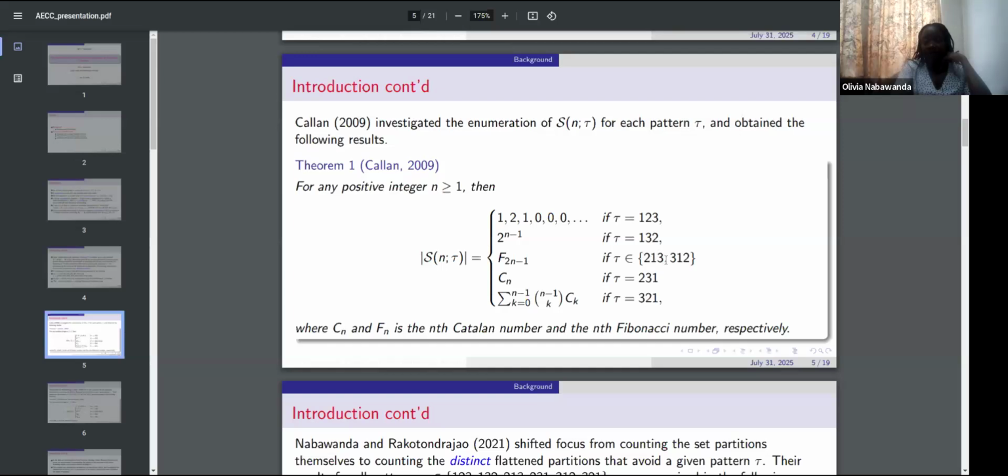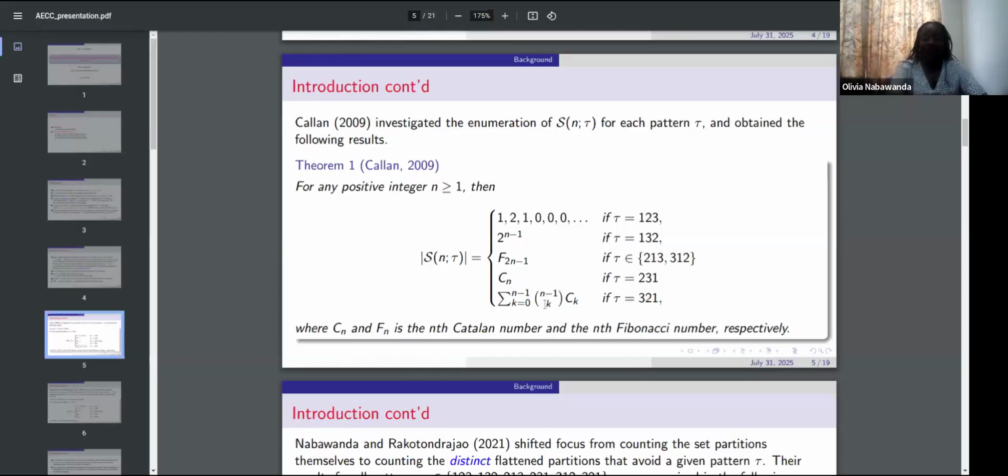For 2, 1, 3 and 3, 1, 2 patterns, he had this sequence F_{2n-1}, where F_n is the nth Fibonacci number. For 2, 3, 1, he had a Catalan sequence. And for pattern 3, 2, 1, he had this sequence as well, which has close links with the Catalan numbers as well.